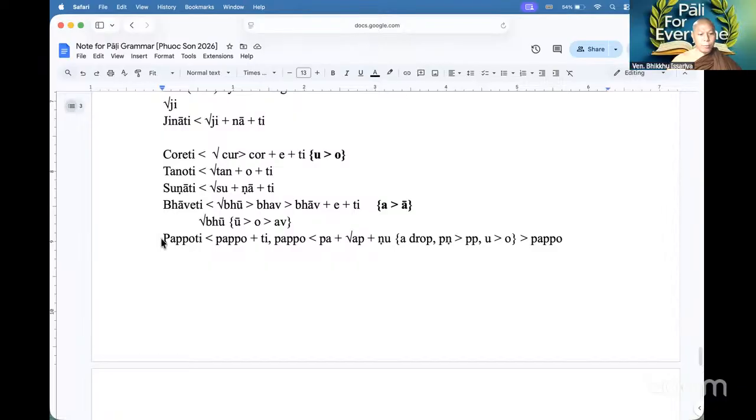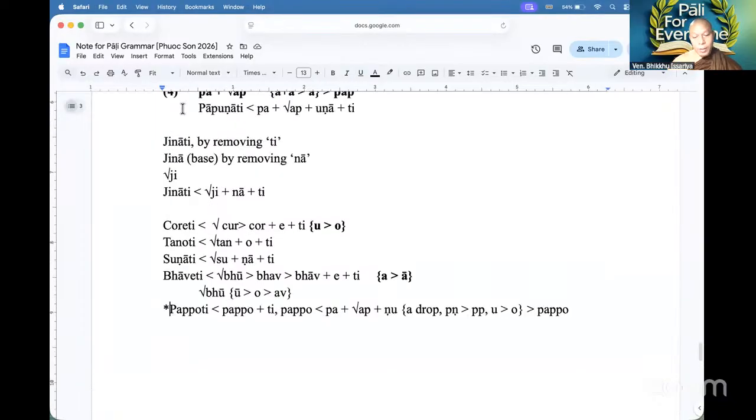So maybe such words we should notice in this way. But maybe 90% of the list of rules can be solved by following these 4 steps.